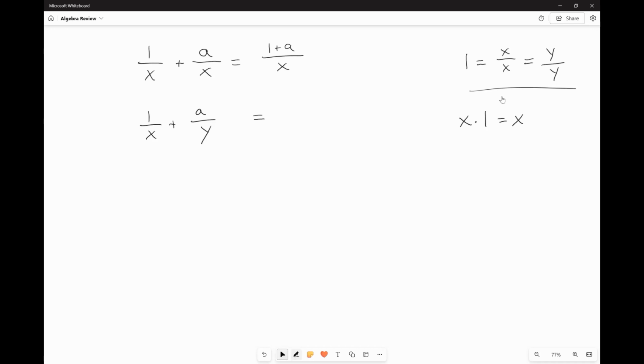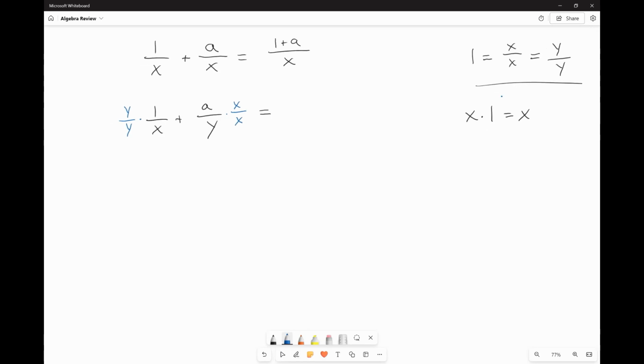What that means is, and I'm going to add a color here to show you what I'm doing, we could multiply both of these values by 1. And say, well, of course we could do that. That seems trivial. Why would we do that? Well, 1 equals y divided by y, and 1 equals x divided by x.